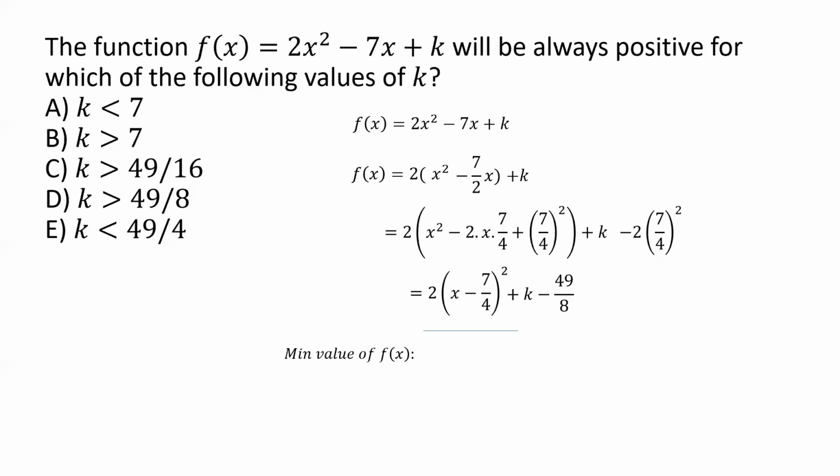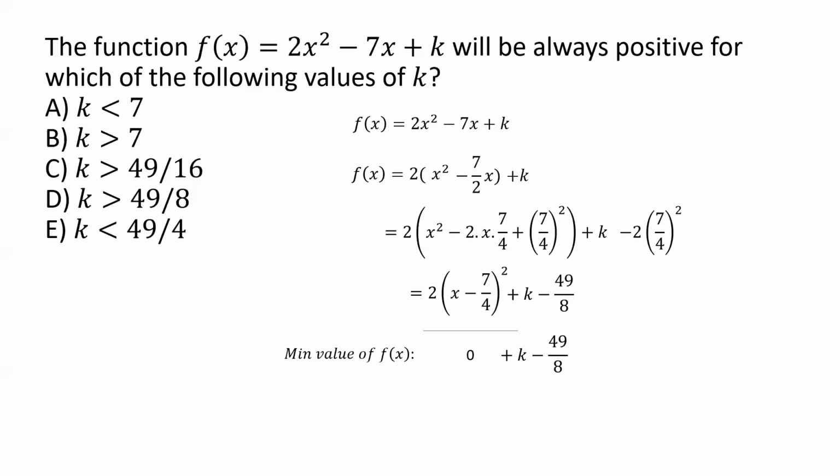So the minimum value that this particular term can take is 0. And then the other portion is the parameter k minus 49 by 8. So the minimum value of f(x) will be essentially 0 plus k minus 49 by 8.